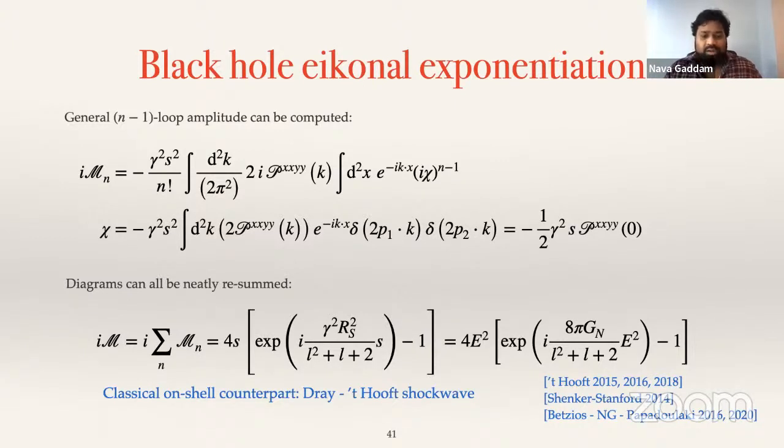However, notice in the bottom right corner, in the exponential, you have an 8 pi G Newton over L squared plus L plus 2. The shock wave amplitude turns out to only give us L squared plus L plus 1. Whereas the Feynman diagram approach gives us a discrepancy of this additional factor of plus 2. In the beginning it's a little puzzling, until you realize that the shock wave is essentially an on-shell solution to the nonlinear Einstein equations. Whereas here we have amplitudes that are mediated by virtual gravitons, where each of these internal gravitons need not be on shell.